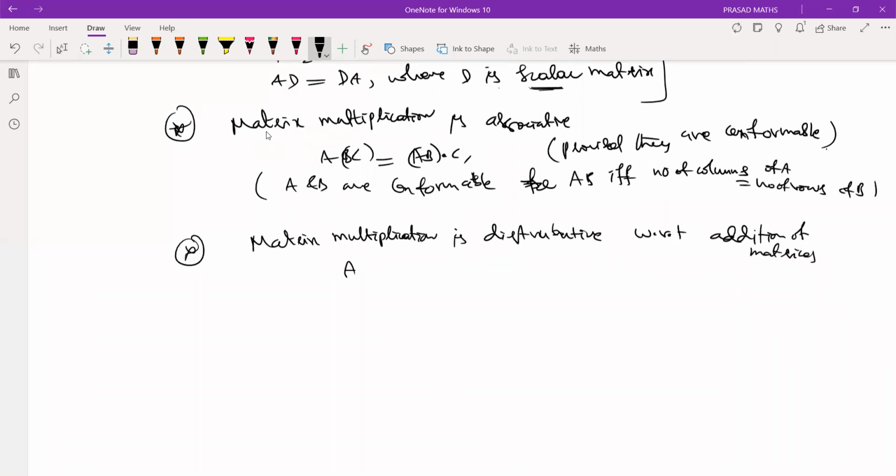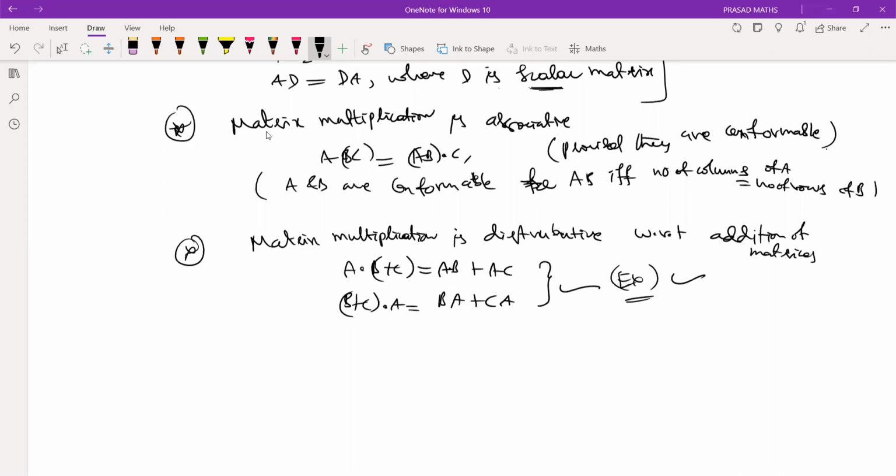That means A into (B plus C) equals A into B plus A into C. This is left distributive. Next, (B plus C) into A equals BA plus CA. This is right distributive. So matrix multiplication is always distributive with respect to addition. You can easily check it; you need to prove it as an exercise.